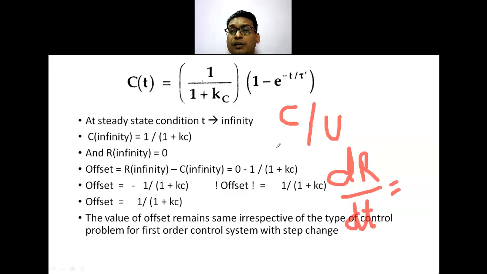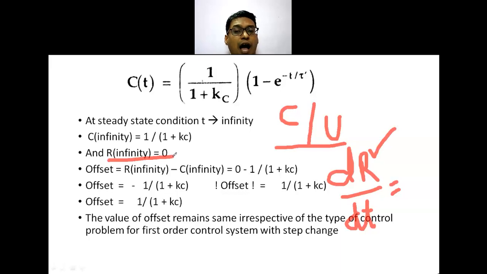That is what we are studying, this regulator problem. Change in variation of the set point with respect to time is 0, and that is why R infinity becomes equal to 0.